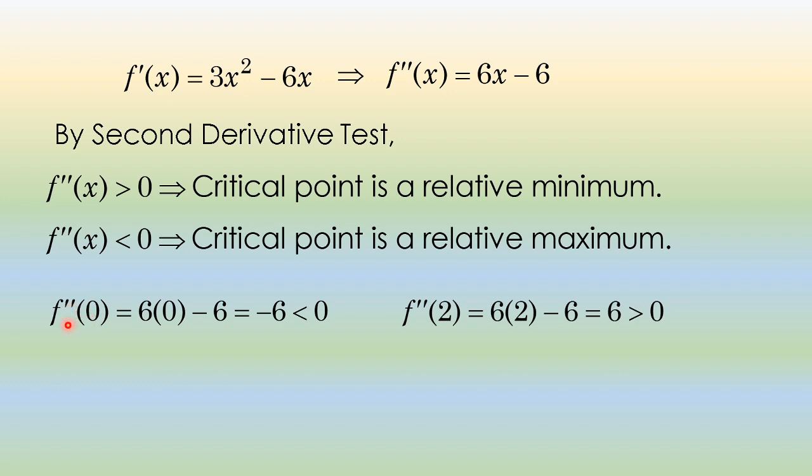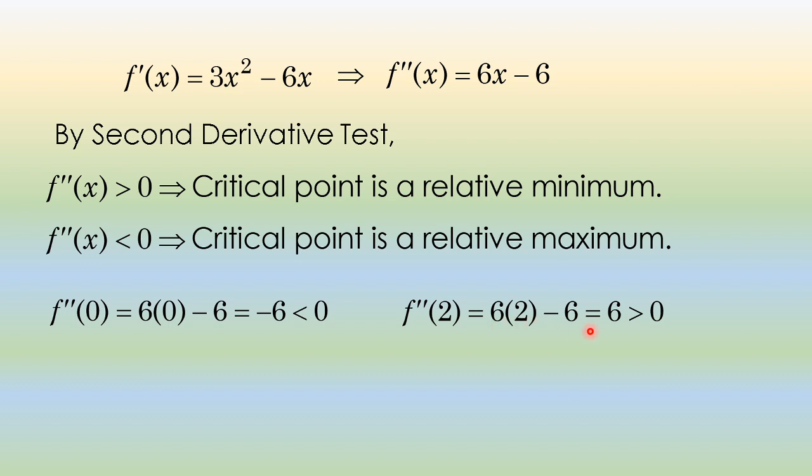When x is 0, the second derivative is 6 times 0 minus 6 equals negative 6, which is less than 0. So hence, this is not what we want, because what we want is a relative minimum point. Therefore, we want our second derivative to be greater than 0. Let's try the second one. When x is 2, the second derivative of f is 6 times 2 minus 6.